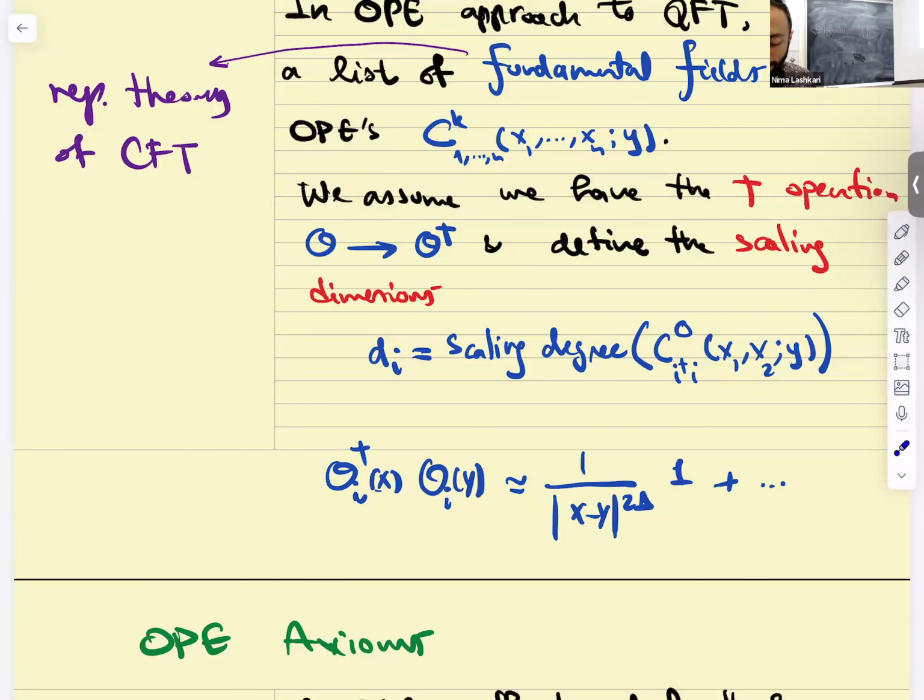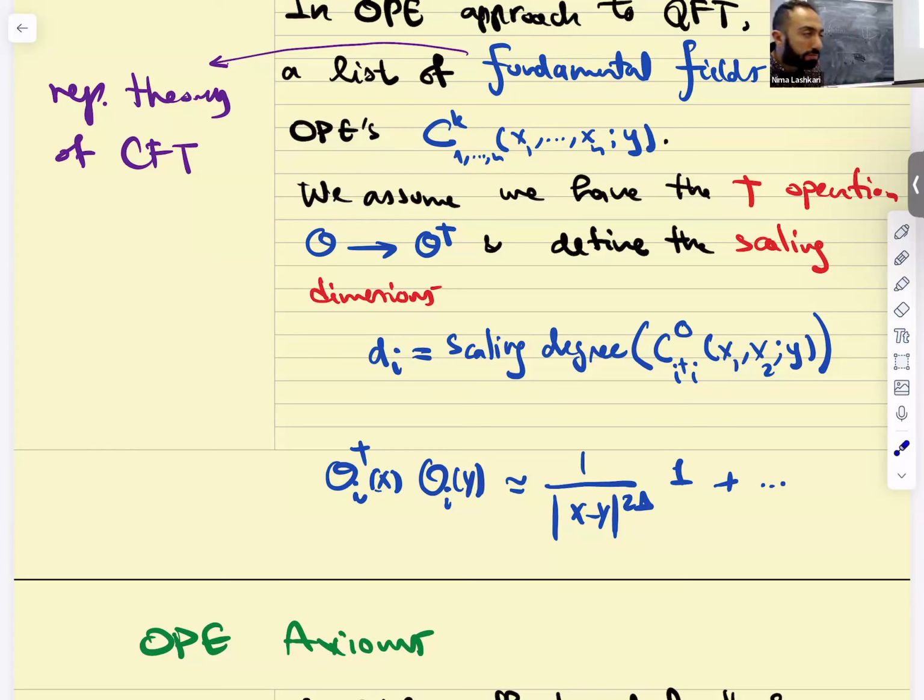Here I actually have X1 minus Y, X2 minus Y, but I can just take X2 to be equal to Y to get this form. The scaling degree of this is just delta. This is called D of I, the scaling dimension of the operator. In my definition of Hadamard, I was assuming that the fundamental field, the real scalar field, had scaling degree D minus 2 over 2.